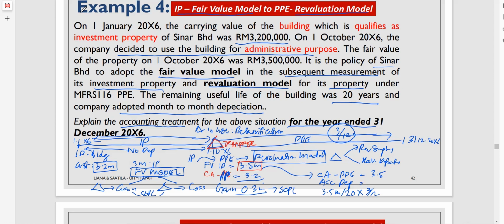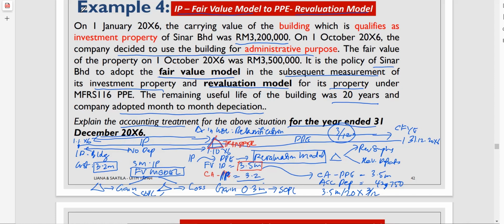And that will give you 43,750. This one is in million, but this one is as the figure is, right? So that is what happened. The depreciation will start from 1st of October up until the current financial year end, 31st of December.